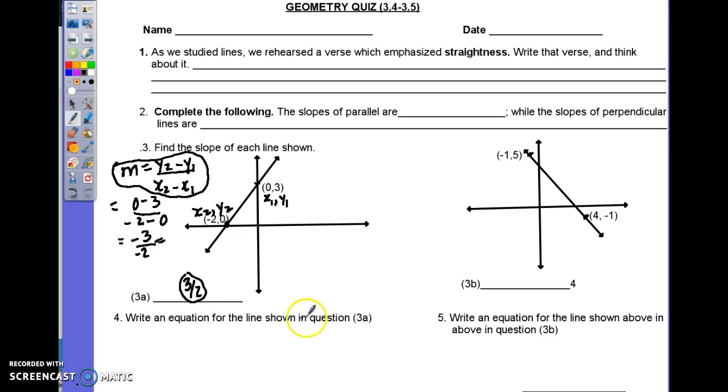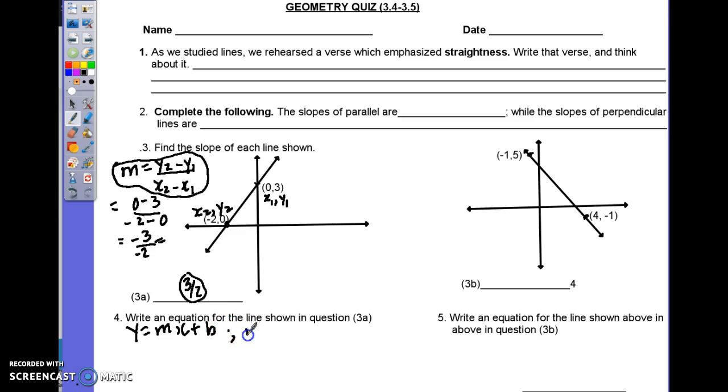Write an equation for the line shown in question 3a. So here's the line. We're looking for an equation, and once you hear equation, you could possibly say, oh, y equals mx plus b, especially if it's the equation of a line. Once we know the m and the b, we can write the equation of the line. What do we know here?